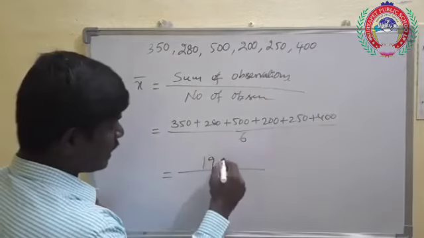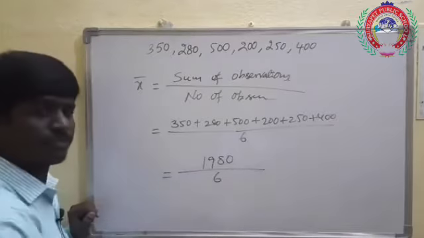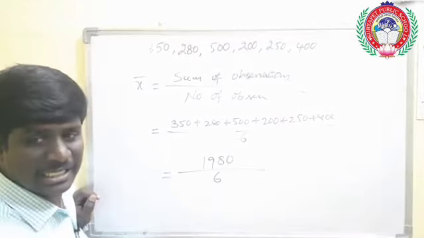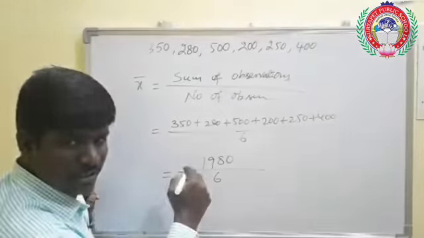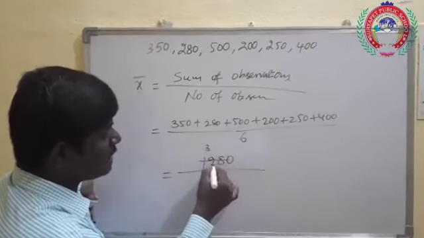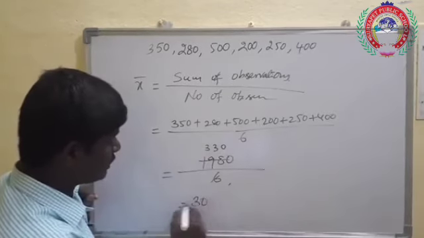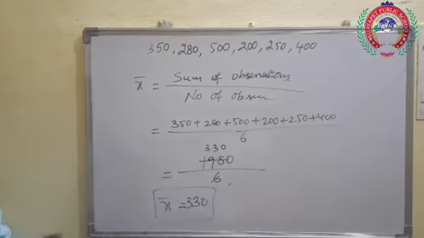So this is 1980 divided by 6. Now let us divide this number by 6, then we get his mean income. See, 6 3s are 18 and 6 3s are 18, 0. So 330 is his mean income.